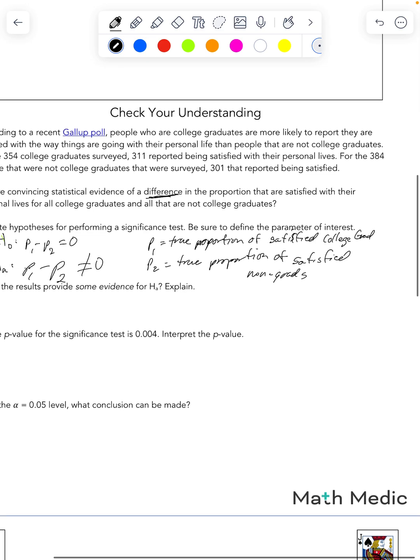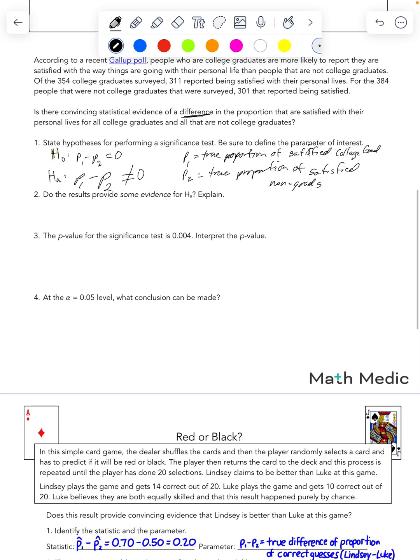And then I should probably put down my statistic, which would be P hat 1 minus P hat 2, which would be 311 out of 354 minus 301 out of 384.